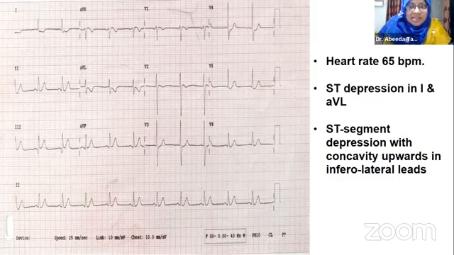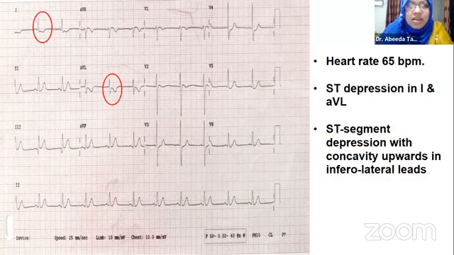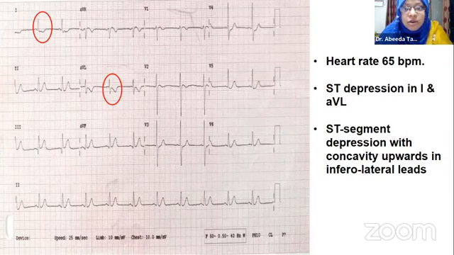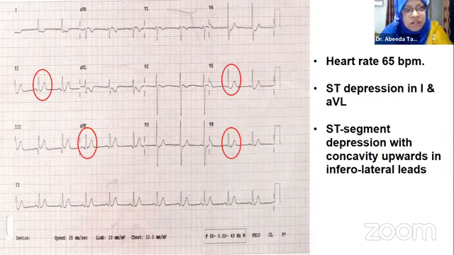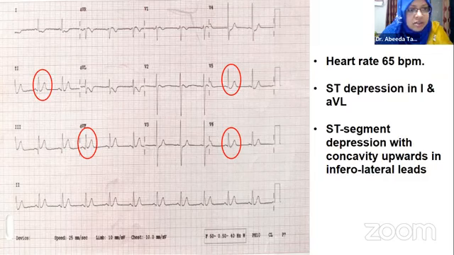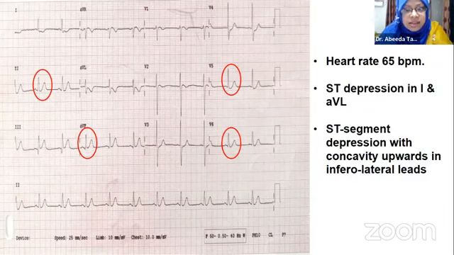Thank you so much. Actually, you are 100% correct. This is the ECG that the patient presented with. There is ST depression in lead 1 and aVL, and if we look very, very closely, along with the ST elevation in lead 3, there is also some depression of the ST segments, and the concavity is almost upwards.